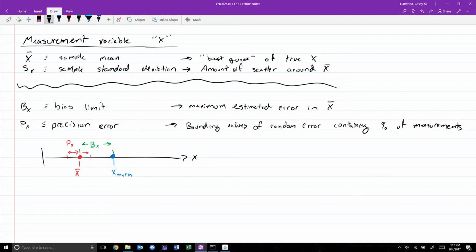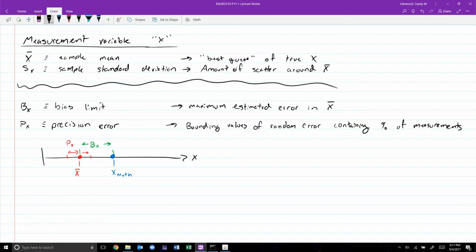So how do we get these values, right? I mentioned that with Bx in particular, it's impossible to know exactly how much error is present if you don't have access to the true value. It's a tricky one to do well, but typically you have to resort to estimation or looking it up. So when you're estimating the bias limit, rules of thumb will apply.